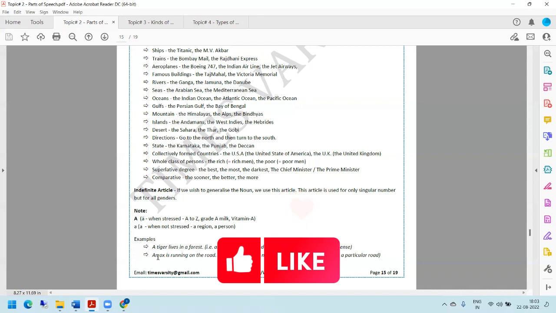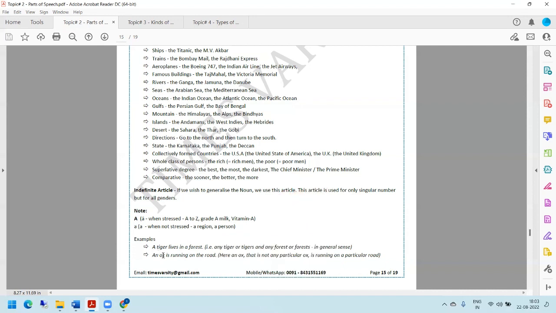An is used if the sound of a noun starts with vowels like a, e, i, o, u. So in that, an ox is running on the road. Here, an ox, that is not any particular ox, is running on a particular road. Right? So a or an, these are two indefinite articles.